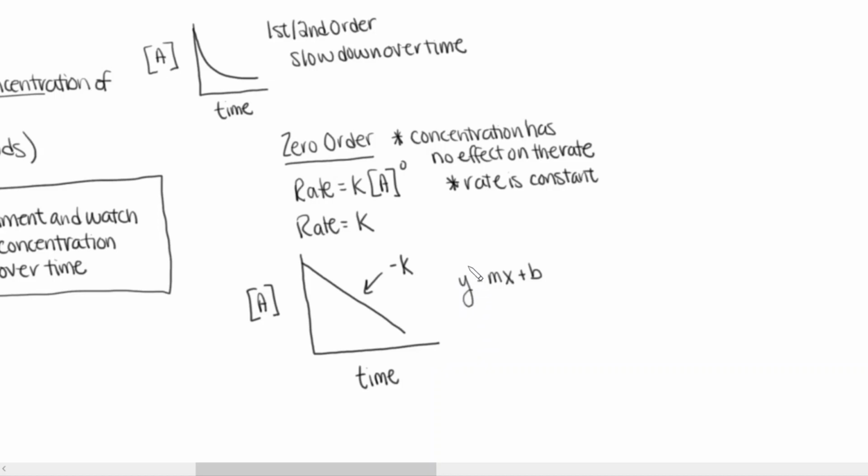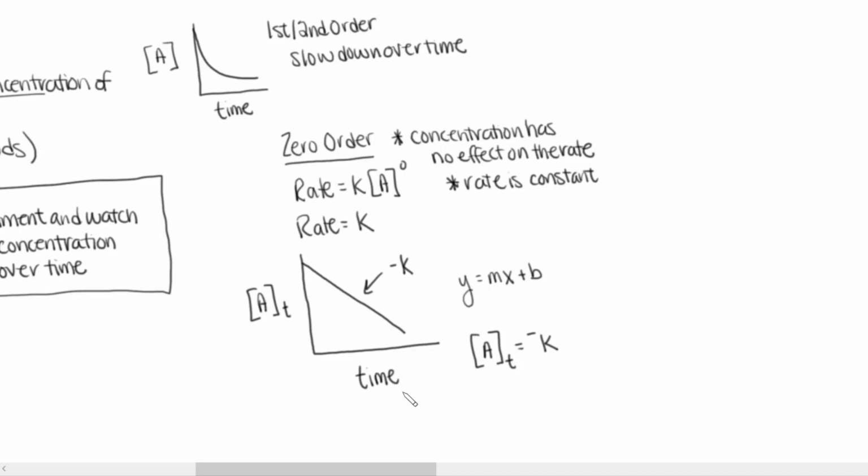On my y-axis are the concentrations at different points in time. My concentration at different points in time is my y. My slope, remember, is equal to negative k. The slope of my line is equal to the negative value of my rate constant.